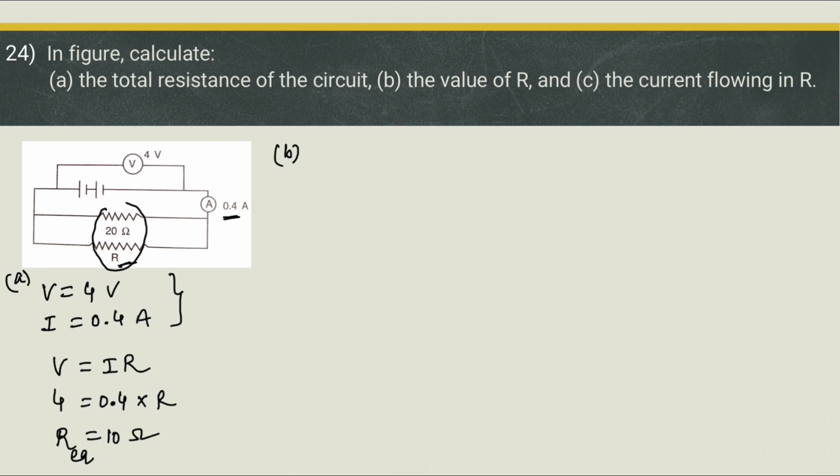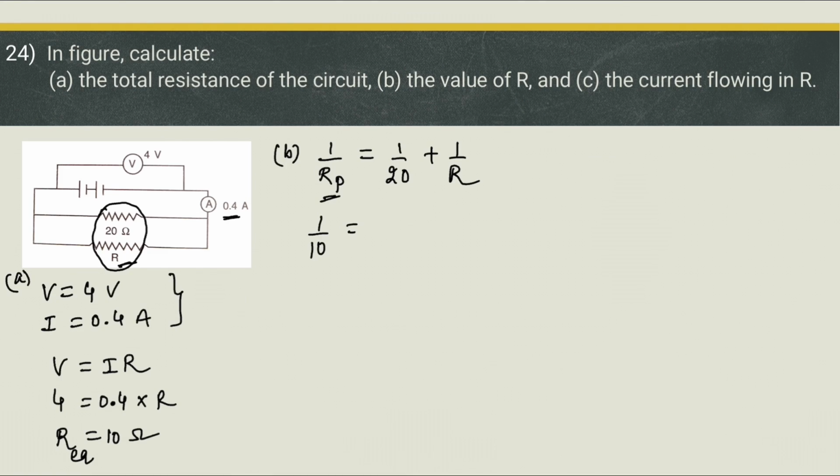Now 20 and R, how are they connected? Yes, you are right, they are connected in parallel. So we can apply the parallel connection formula to find the equivalent value. 1 upon Rp is 1 upon 20 plus 1 upon R. This Rp is 10 ohm.